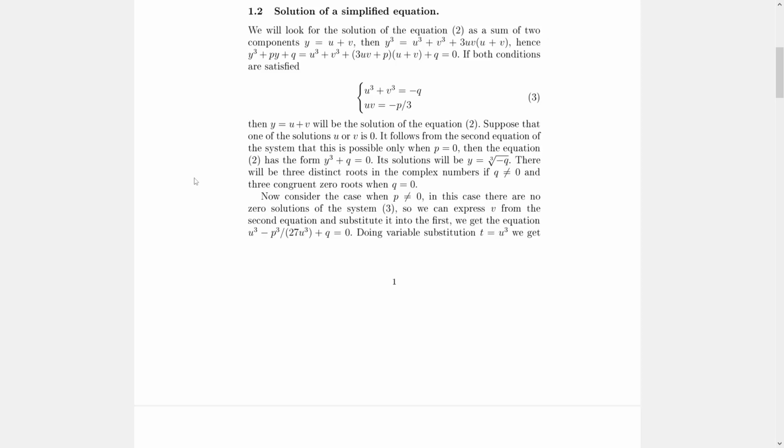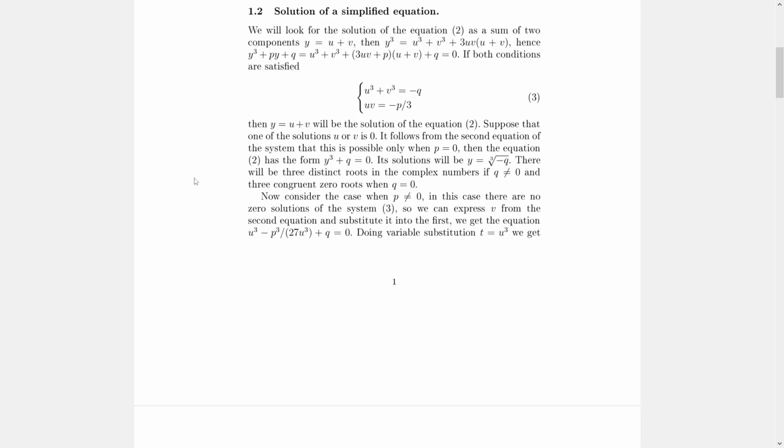Then our equation has the form y cubed plus q equals 0. Its solutions will be y equals the cube root of minus q. There will be three distinct roots in the complex numbers if q is not equal to 0, and three coincident zero roots when q equals 0.